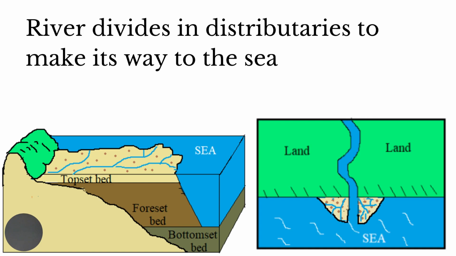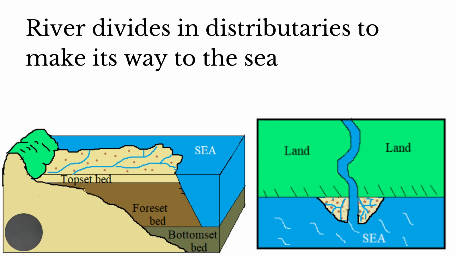Now, in some cases, the sea will have a greater impact on the shape of the delta, and in other cases, the rivers will have a stronger impact on the shape of the delta.